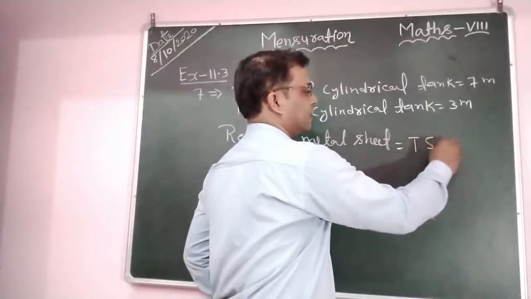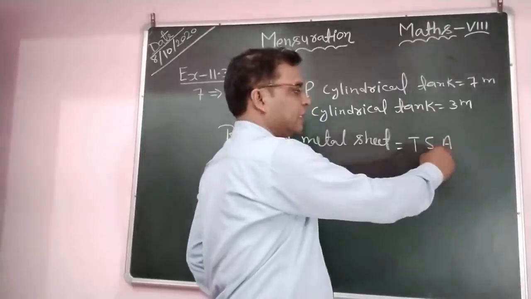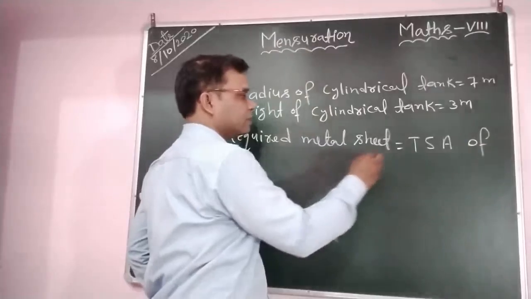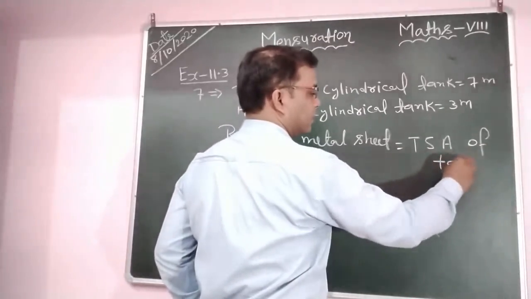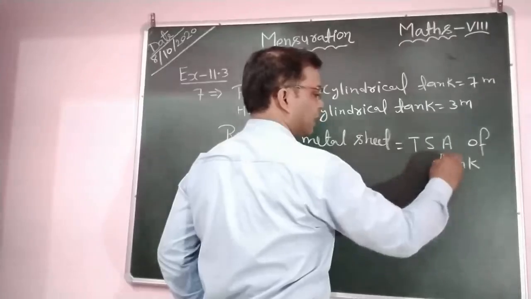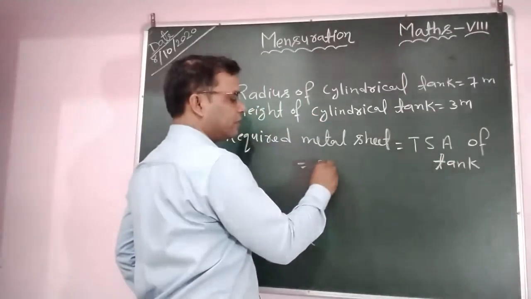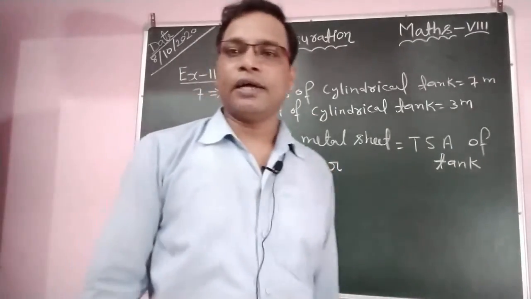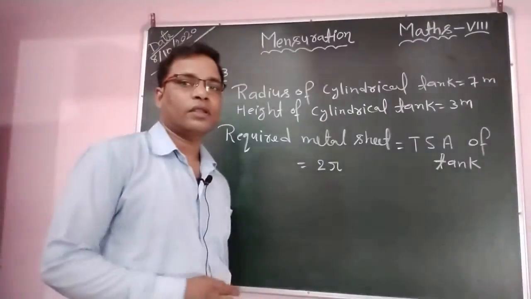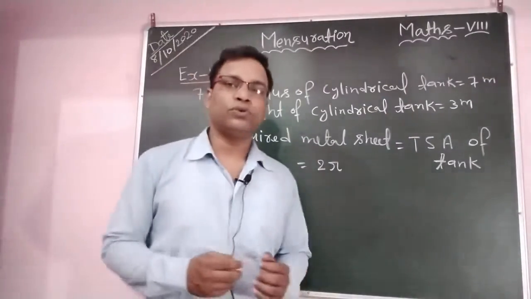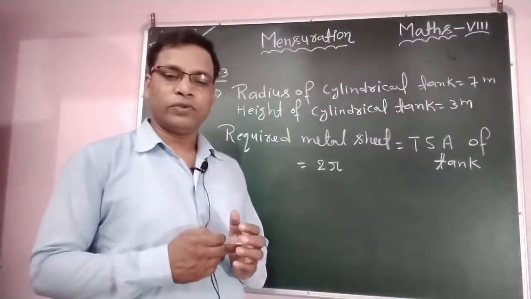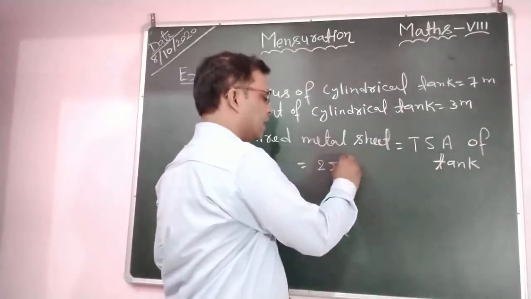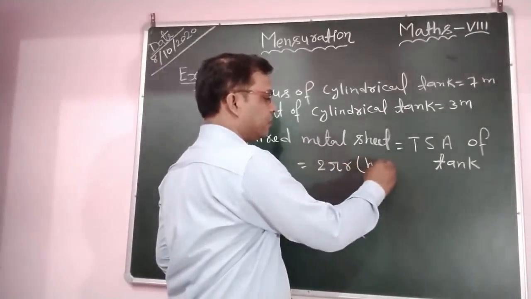TSA means total surface area of the cylindrical tank. Total surface area of a cylindrical tank is equal to nothing but 2 pi r into (h plus r). 2 pi r into (h plus r).